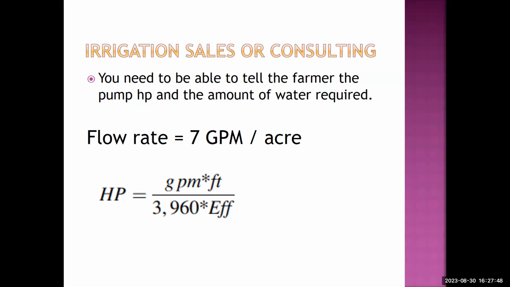The worst thing to do is just stand there and say you don't know. It's very easy to know. You just memorize these 2 equations, where in my area, flow rate was 7 gallons per minute per acre.